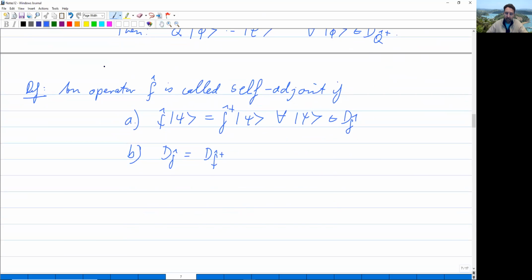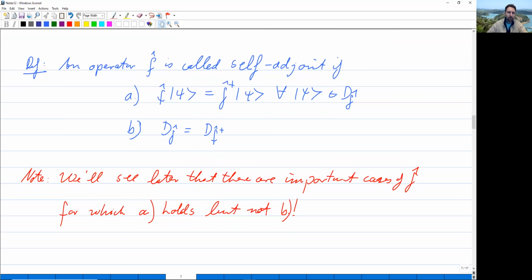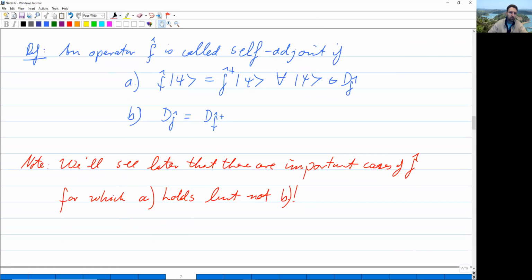And as we will see later, there are important cases of f hat observables for which A holds but not B. Let me give away a simple example of that.